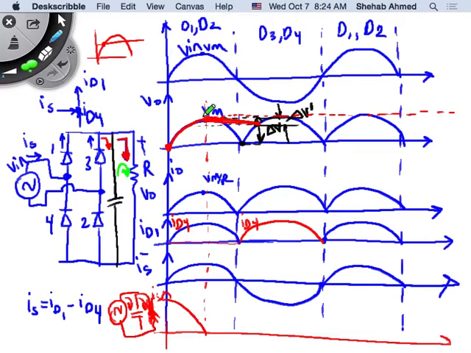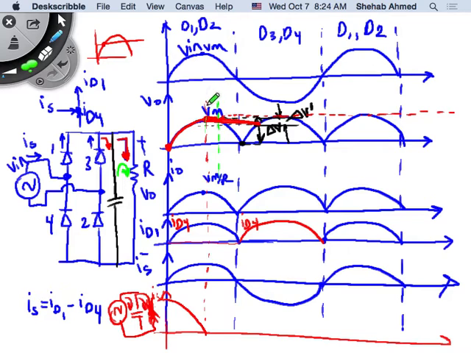And then at some point, the supply voltage starts falling faster than the capacitor voltage. They're both going to feed this resistor. And then at some point, the supply voltage is falling a lot faster than the capacitor voltage because I've properly chosen the size of the capacitor. If I've chosen a very, very small capacitor, then it's at this point where they will deviate.